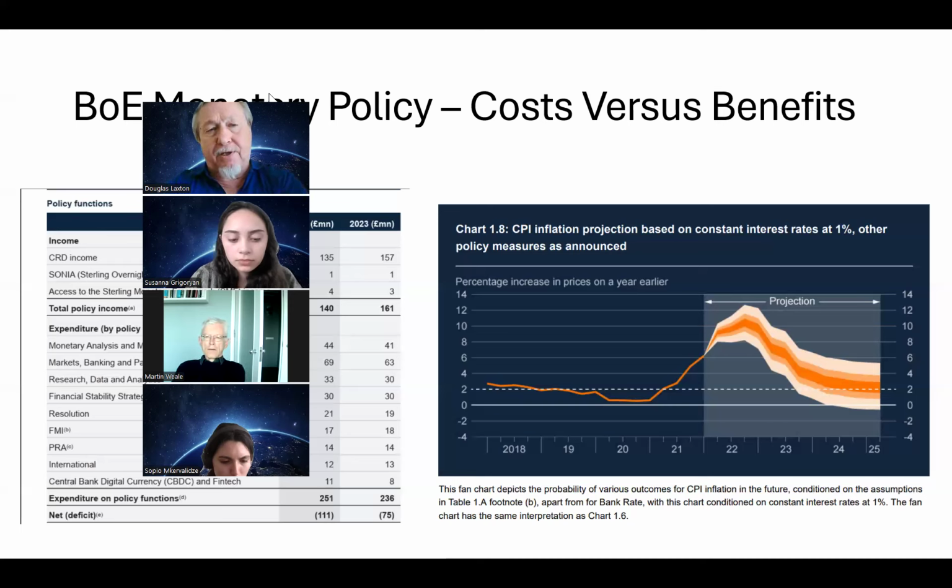Okay, and it's a chart from during COVID when the Bank of England was projecting that inflation was going to rise into the double digits. Now, interestingly enough, in the scenario, even though the policy rate is fixed at 2%, inflation gradually converges back to the target.